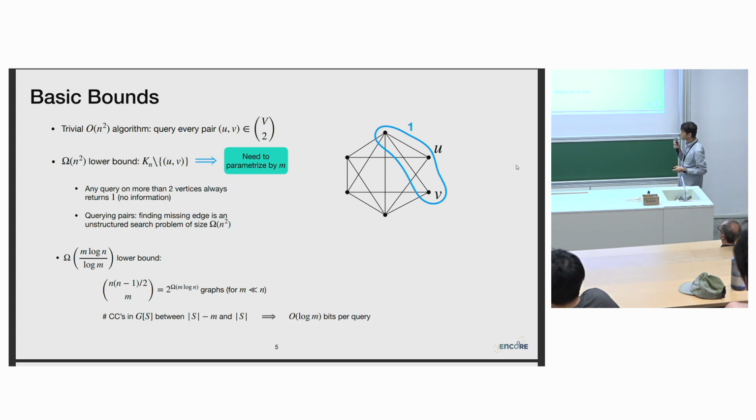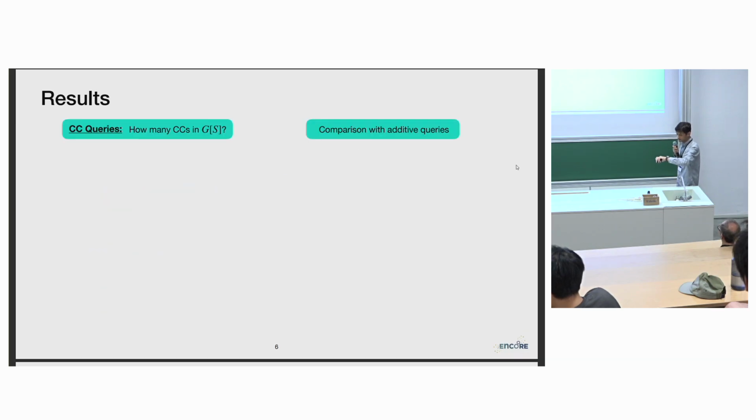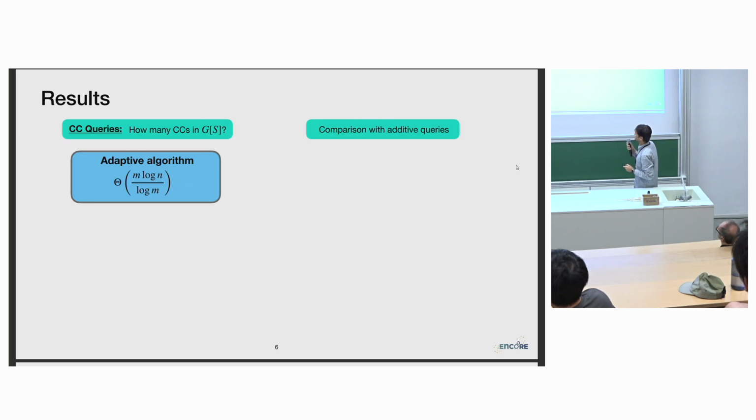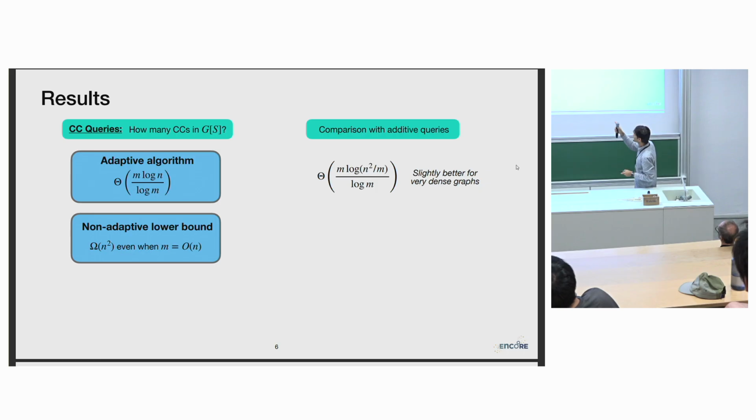What we will show is that this bound is actually achievable. This is a lower bound, and now I'm going to give an algorithm that will achieve it. Probably I will not give that algorithm. There is an adaptive algorithm that gets to this value, m log n over log m.